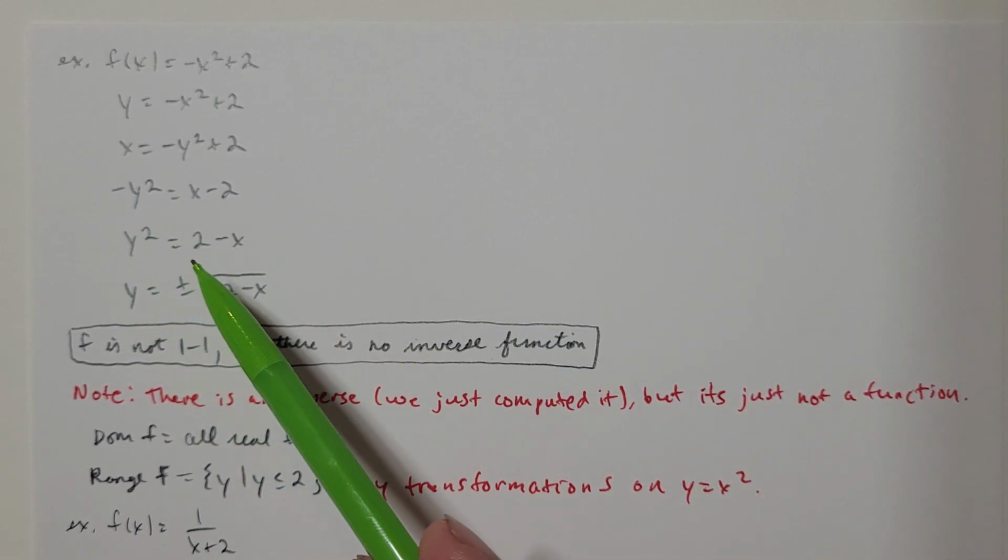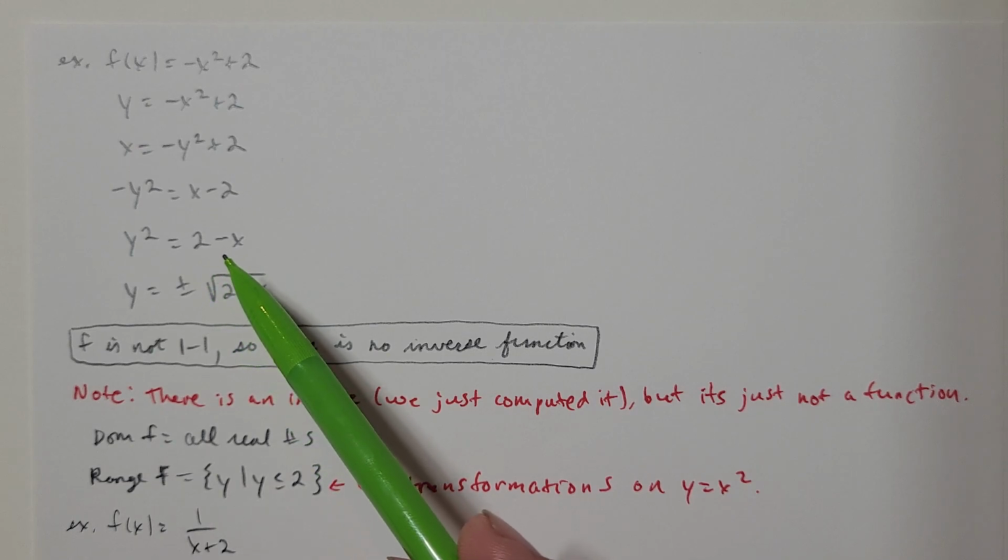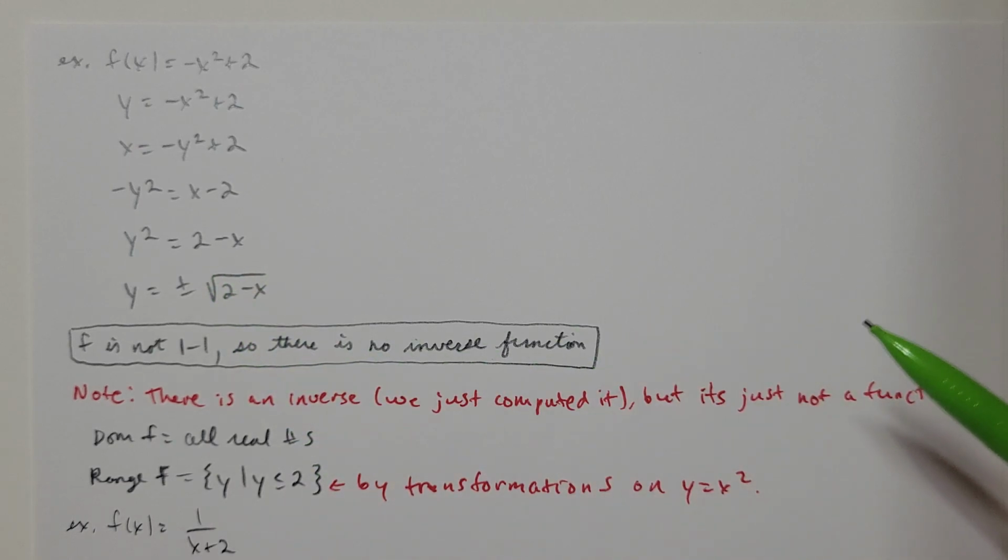So y squared is equal to 2 minus x. And then to get y all alone, I'm going to take the square root of both sides. I always need to tack on a plus and minus whenever I take the square root of both sides in an equation. So y is equal to plus or minus the square root of 2 minus x. Okay?